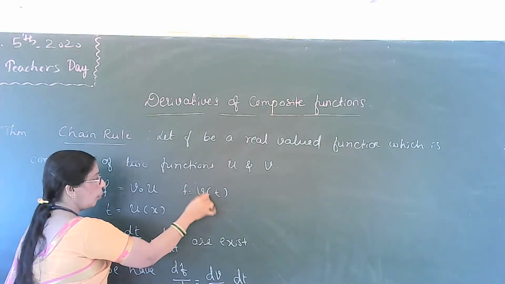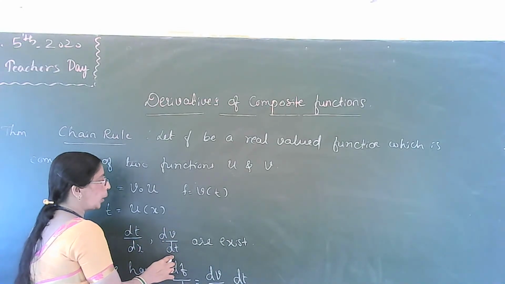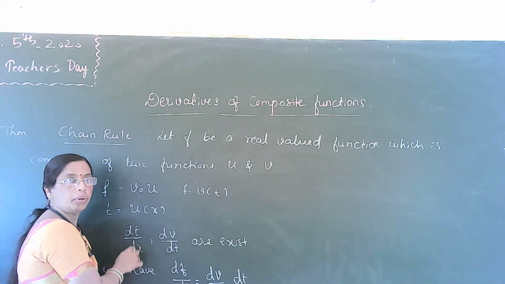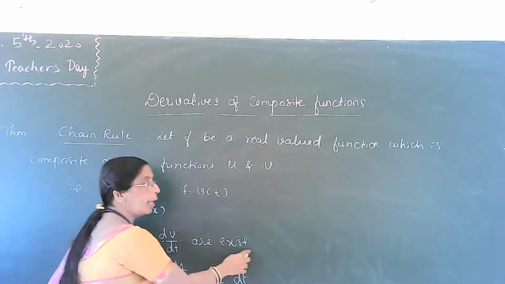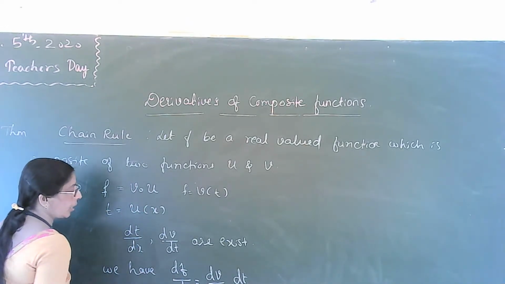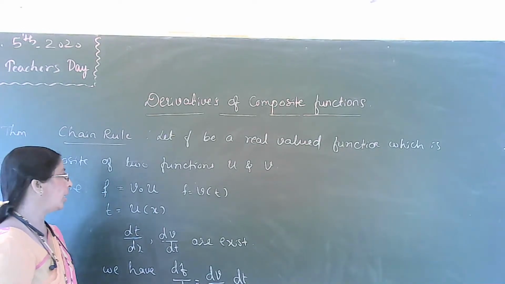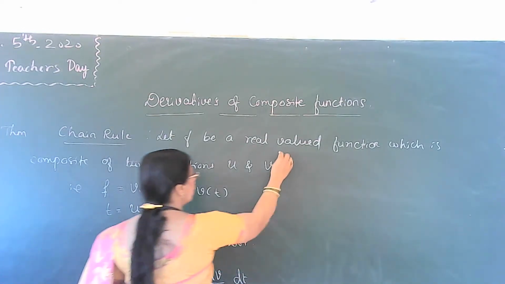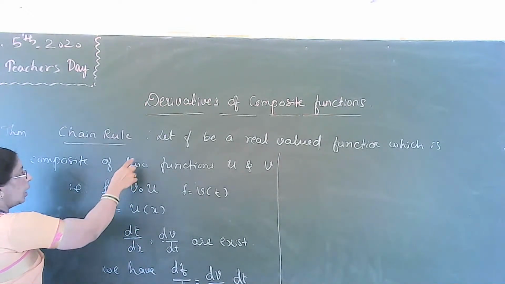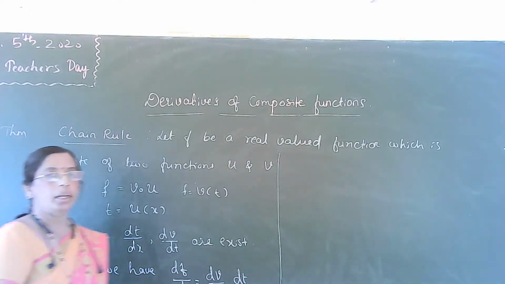Here f is equal to v of t. If the derivative of v with respect to t and the derivative of t with respect to x exist, then we have df by dx is equal to dv by dt into dt by dx.